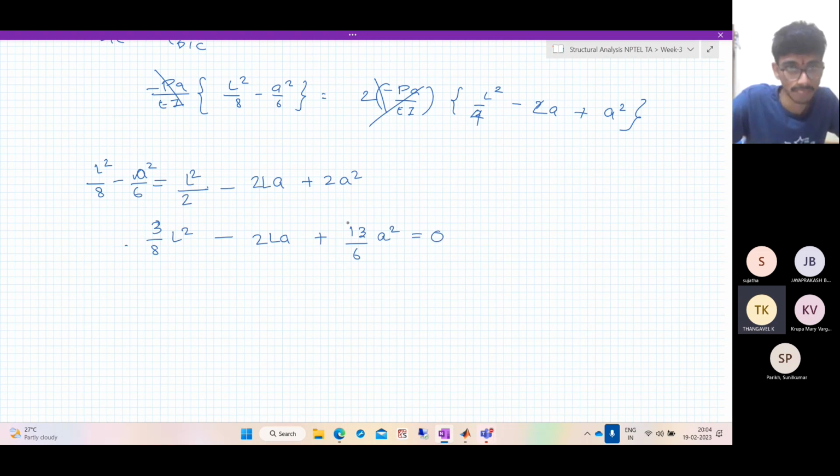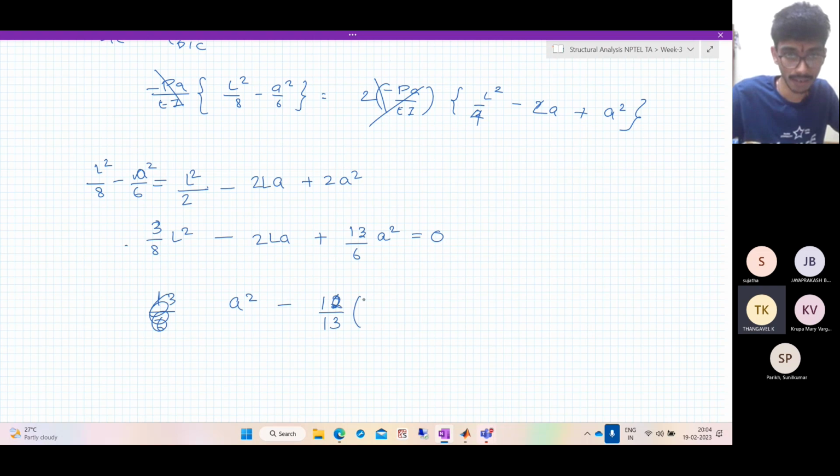is equal to 0. Now we have to solve this quadratic equation. What is the solution? Let us solve it. We need A by L, right? So let's normalize it. We get A square minus 12 by 13 A by L the whole square.